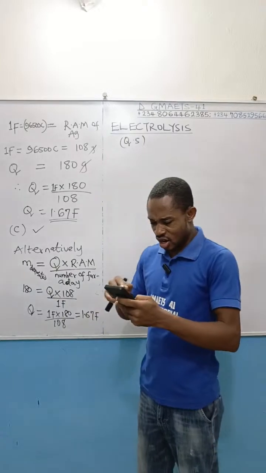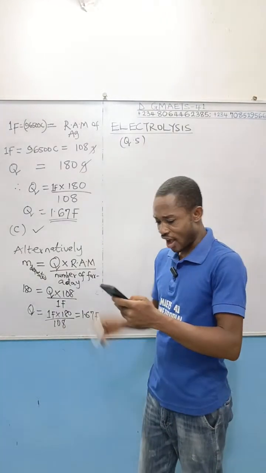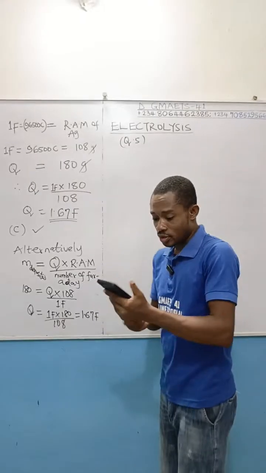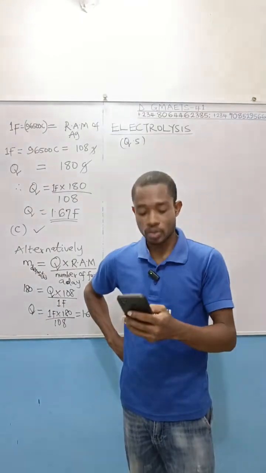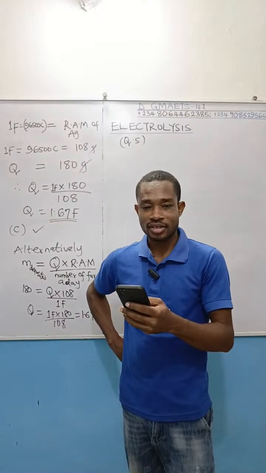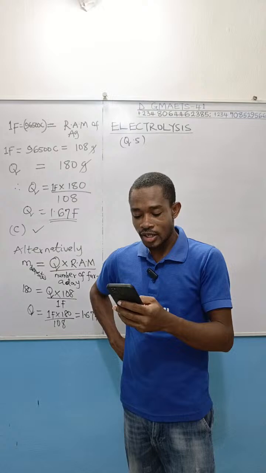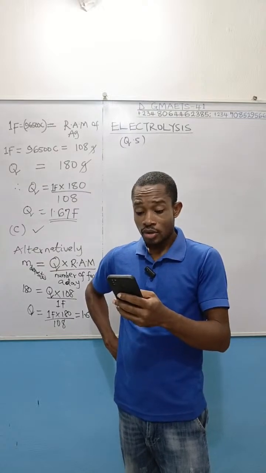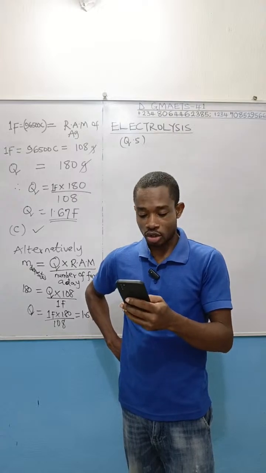All right, we are moving on to the next question, question number 5. And the question reads, please pay attention, it's not a calculation, so pay attention. Which of the following statements is correct during the electrolysis of a caustic soda solution using platinum electrodes?